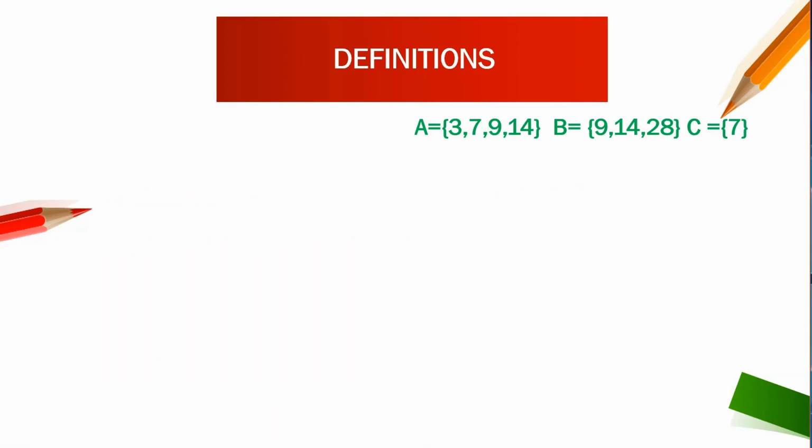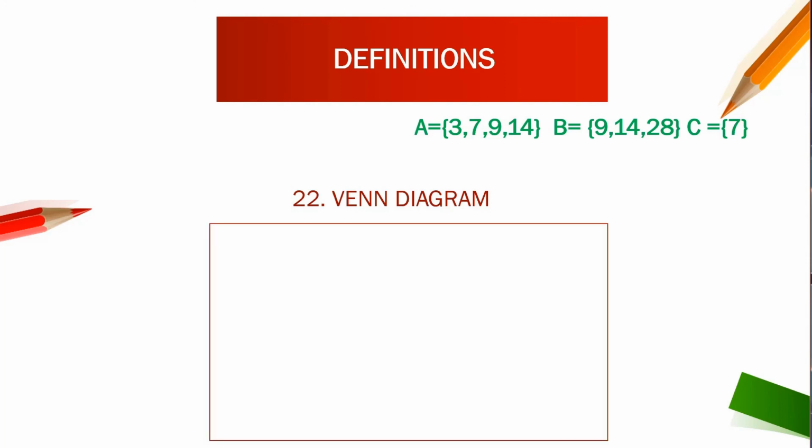The last definition that I'll take a look at is a Venn diagram. A Venn diagram is basically a drawing that depicts the universal set as a rectangle and the subsets as circles within the rectangle. So we're going to use the same example and we're going to draw a Venn diagram to represent this data. First we're going to start off with a rectangle, and then we're going to draw circles to represent the subsets of the universal set.